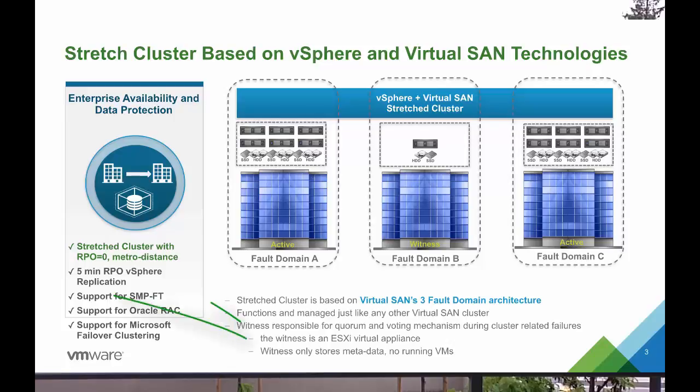The witness does not store any components of the virtual machine. So everything is secured inside of Virtual SAN, inside of maybe your NSX or your own networking constructs, and you're not having to worry about the actual virtual machine files being transported anywhere, aside from just through the replication process.